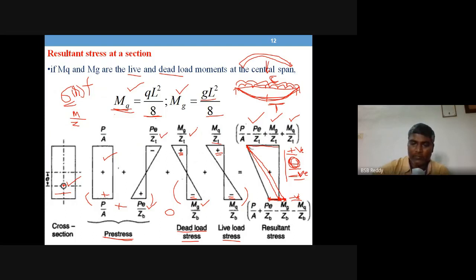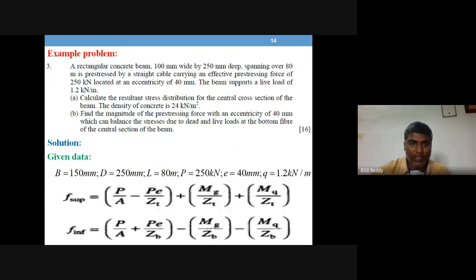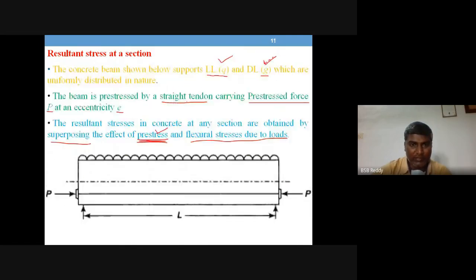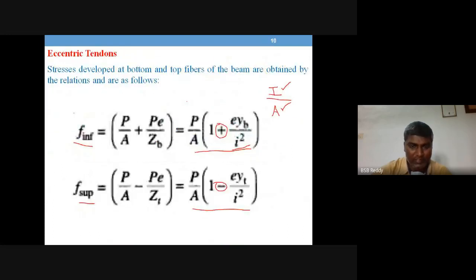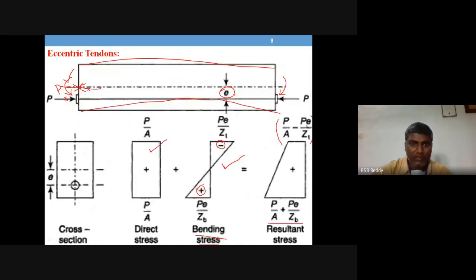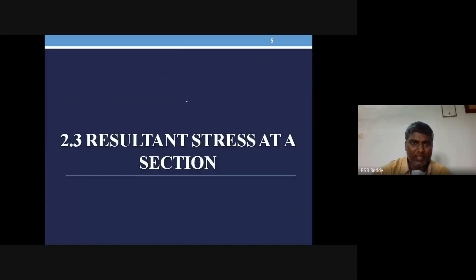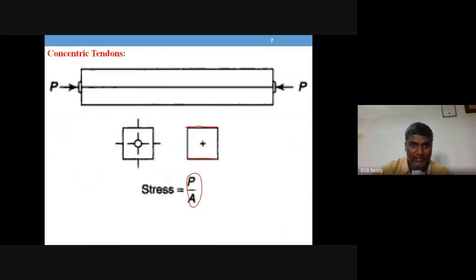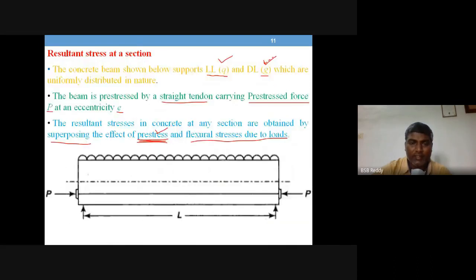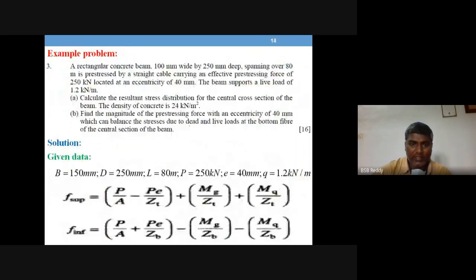This is the required information to solve example problems available in your prescribed textbook. So take your prescribed textbook and solve all such examples under this category. We'll see the example in the next session.